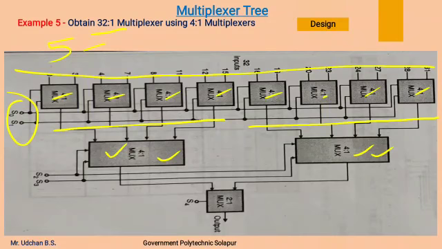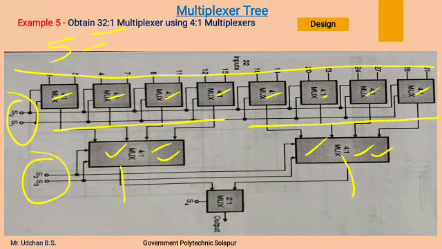Now these 2 multiplexers again have 2 select lines which are connected together to make the select lines S2 and S3. Now we have 2 outputs which we have to convert into a single output.